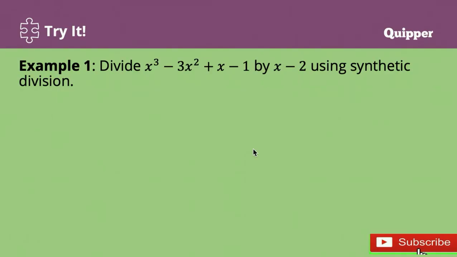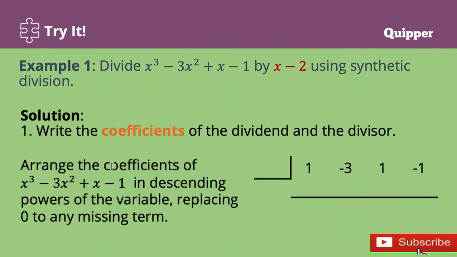Let's try some problems about synthetic division. Number 1. Divide x cubed minus 3x squared plus x minus 1 by x minus 2 using synthetic division. To solve this problem, we need to follow these steps. First, write the coefficients of the dividend and the divisor.